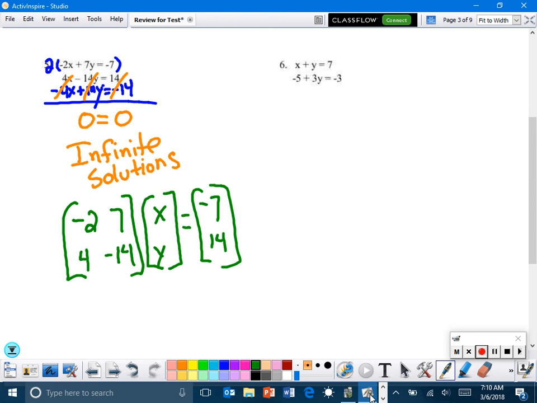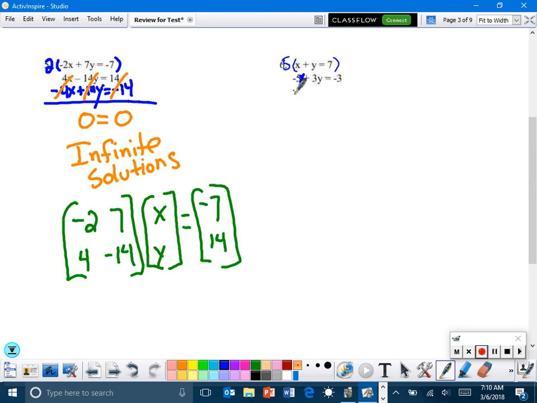Number 6. Okay, number 6, there is a typo. There needs to be an x behind that 5. So I want to get rid of x. I'm going to multiply by 5 on the top equation.